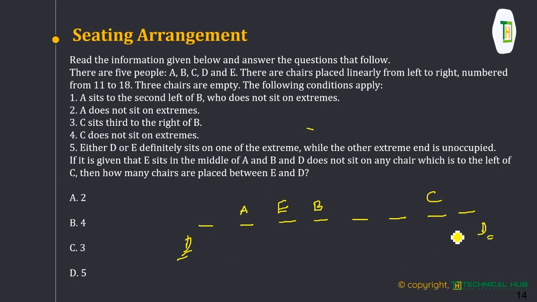D does not sit on any chair which is to the left of D. No, I think your condition statement is wrong here. So middle of E, okay. "D does not sit" is the wrong sentence, I think.